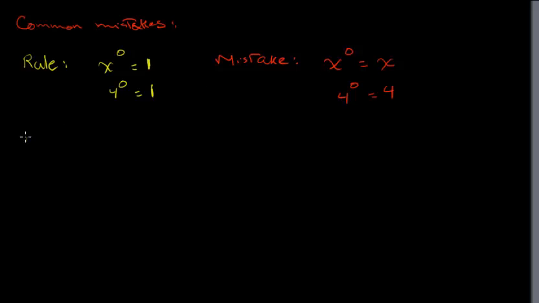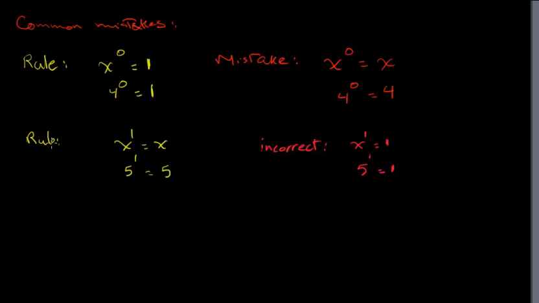The second rule is about the first power. It says x to the 1 power equals x. 5 to the first power equals 5. It is incorrect to write x to the first power equals 1 or 5 to the first power equals 1.